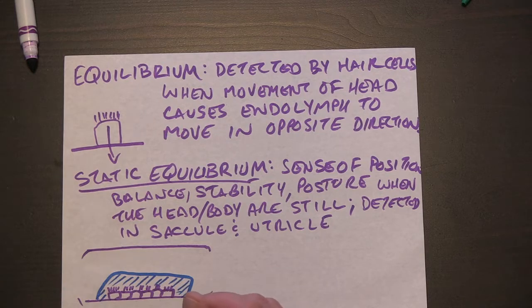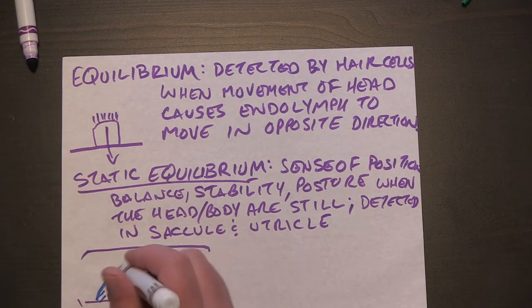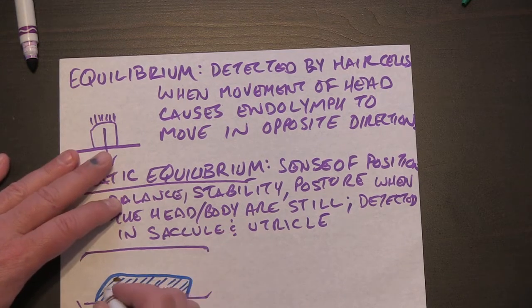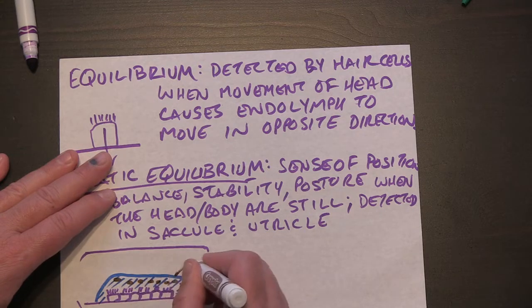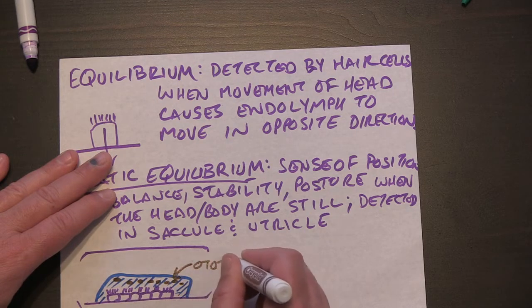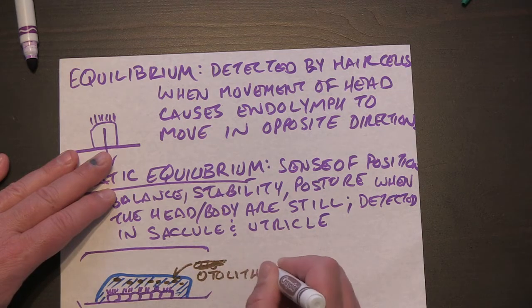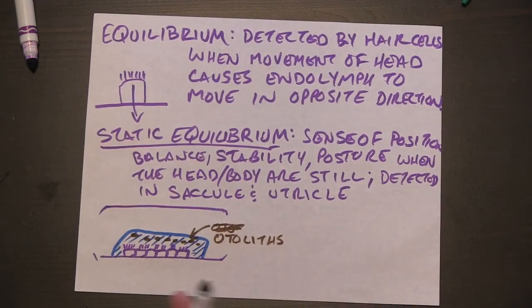Embedded within the gelatin are these structures that are called otoliths, that are calcium carbonate. They're essentially like stone, basically.